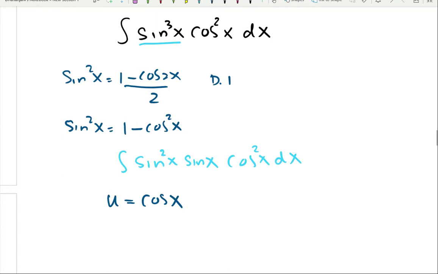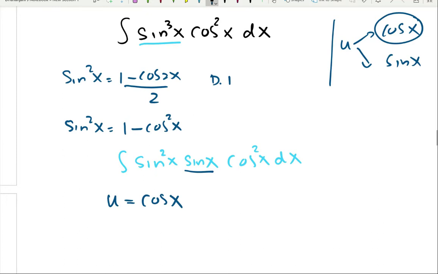There are only two choices for you: either cosine or sine. Remember that. What did you split? I split sine, so my substitute is cosine. If you split a cosine function, like cosine cube written as cosine square and cosine, your substitute is going to be the opposite function, sine. So your u is the function that you didn't split. And always remember, you don't choose something like cosine square sine cube as your u.